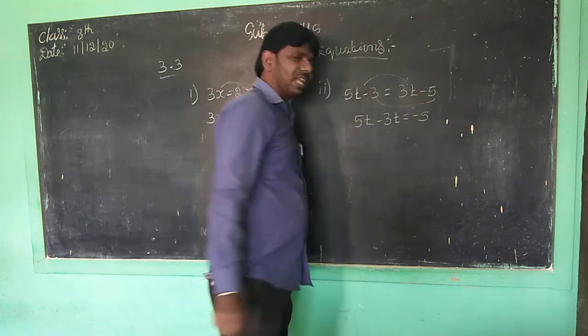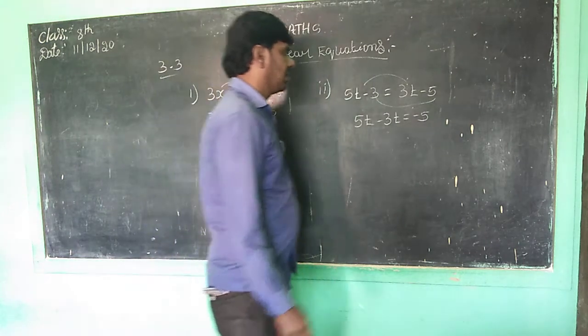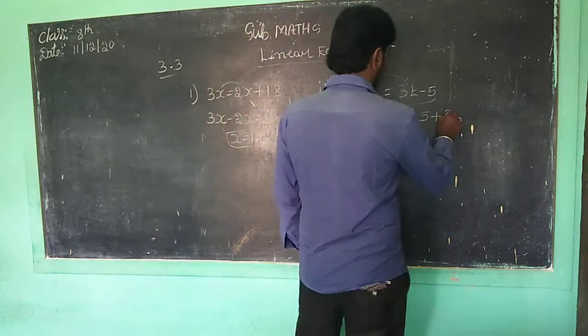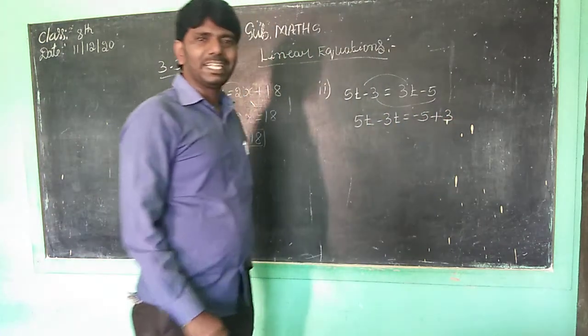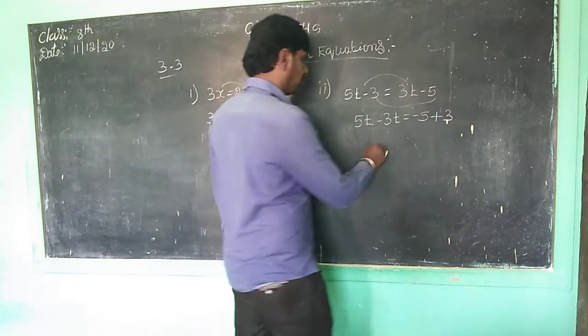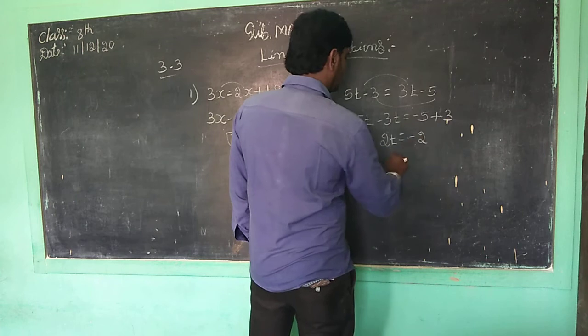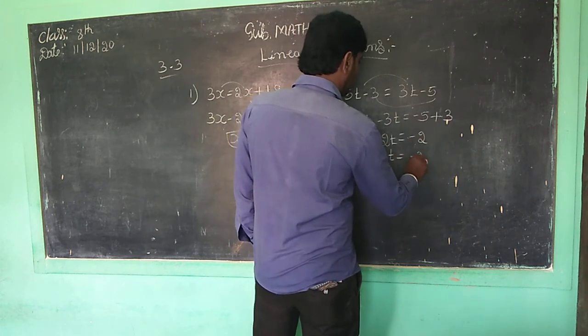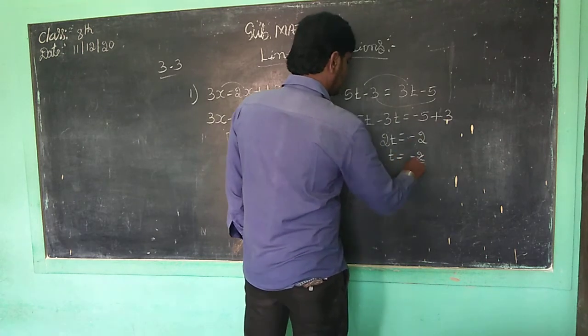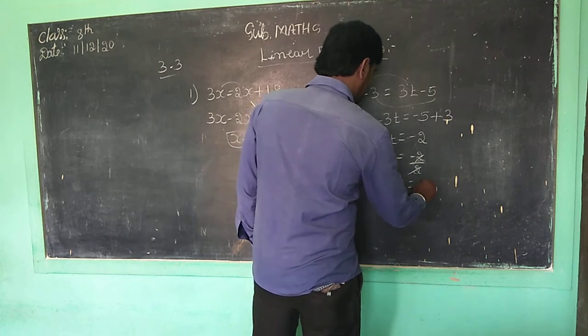This minus 3 will transpose to the right hand side, meaning plus 3. 5t minus 3t means 2t, is equal to minus 2. t is equal to minus 2 by 2.